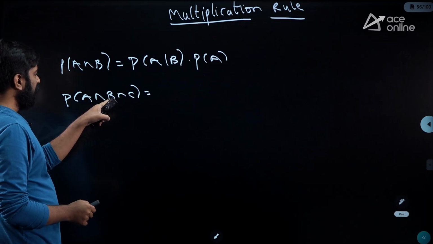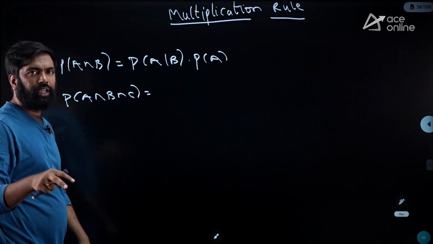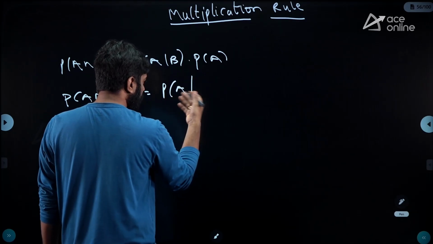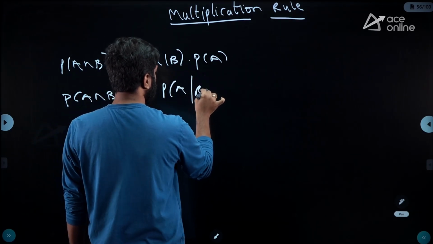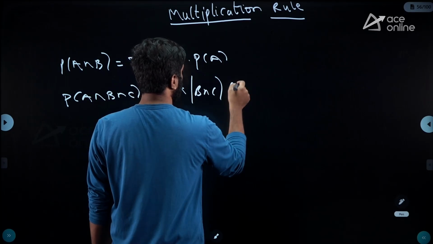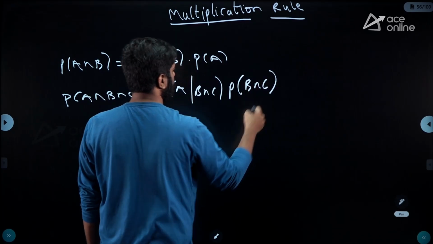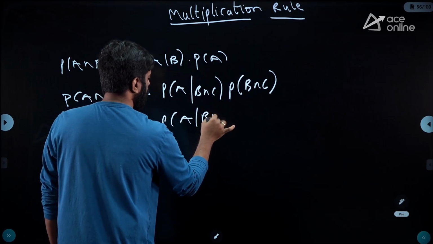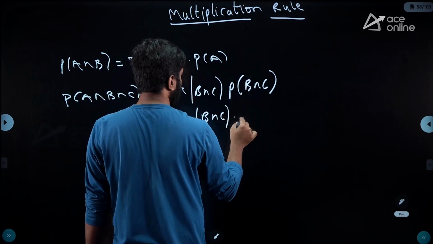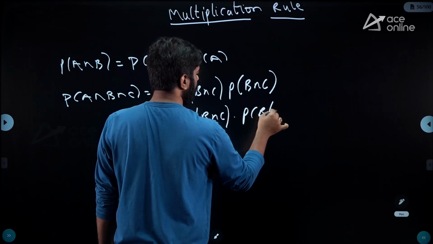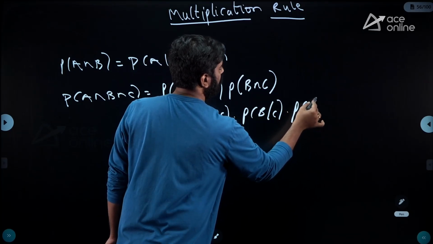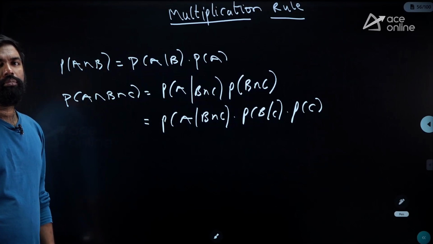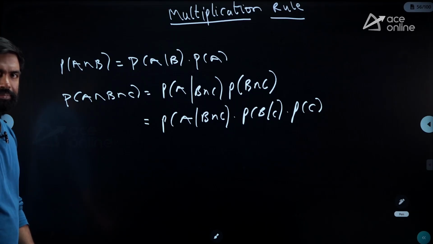So for example, I treat this B intersection C as a new event called D. So this is P of A given D, which is B intersection C, into P of D, which is B intersection C. P of A given B intersection C into, this can further be written as P of B given C into P of C. You can write this for 4 events, 5 events, and so on.